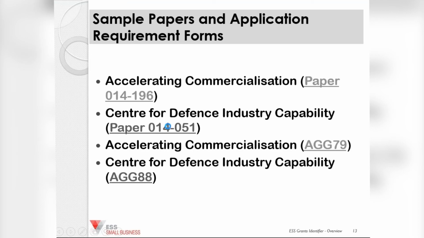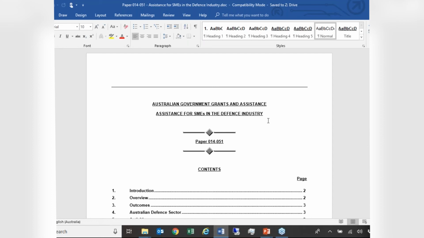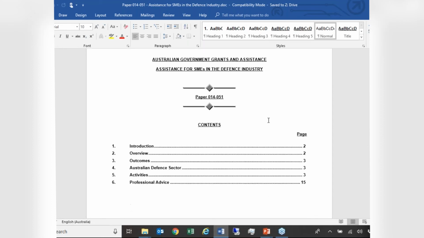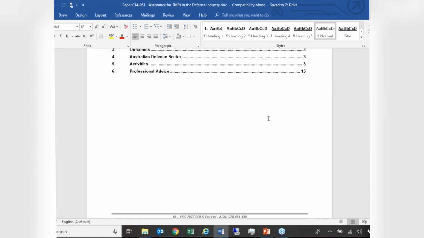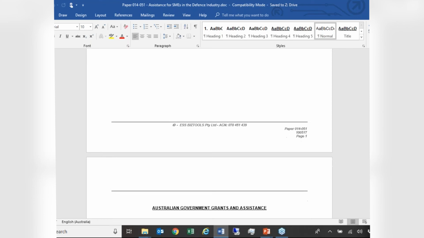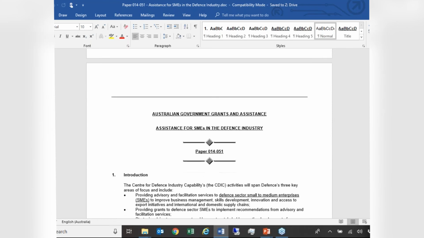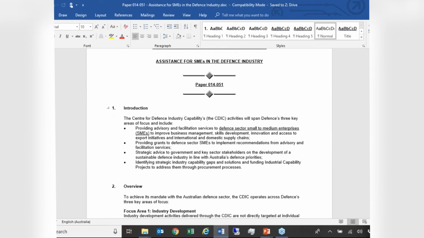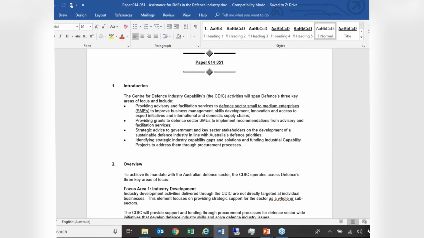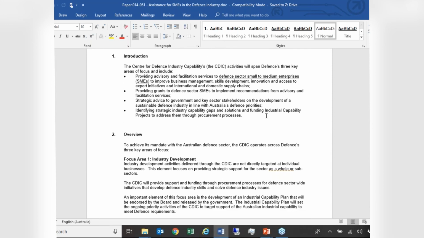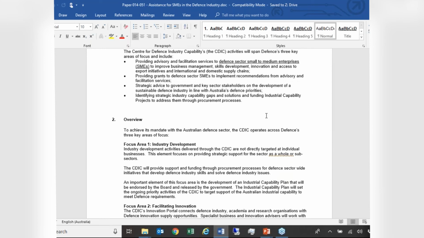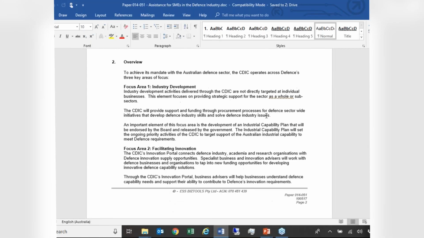I'll then show you the Centre for Defence Industry Capability paper. This is a new grant that the federal government have released. It's part of the Defence Department's strategy to get a lot closer to contractors, businesses who are undertaking work for the defence industry. So this paper summarises what it's about.